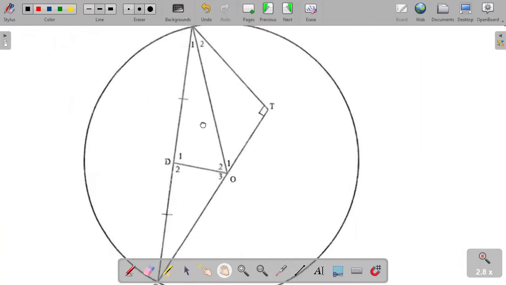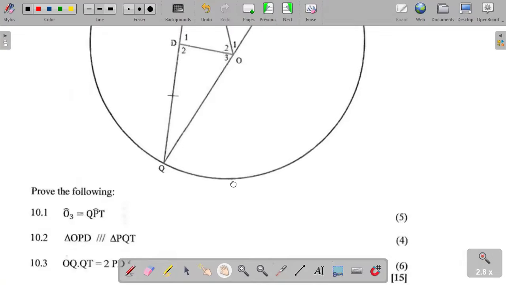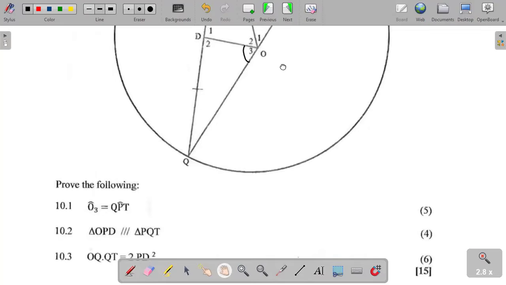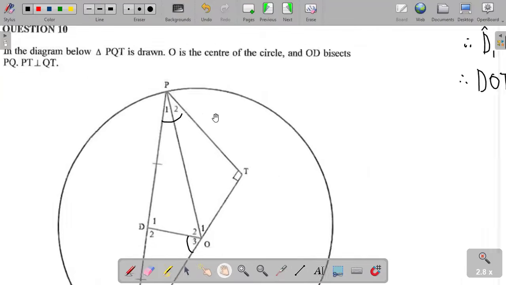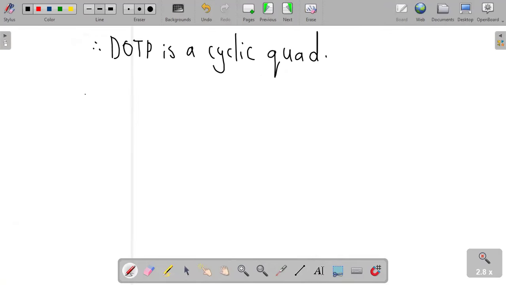If DOTP is a cyclic quad, what does that mean? It means that O3 is equal to QPT, isn't it? Because it's an exterior angle, O3 will be equal to QPT.